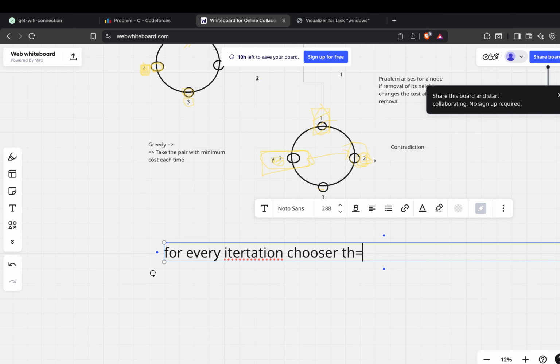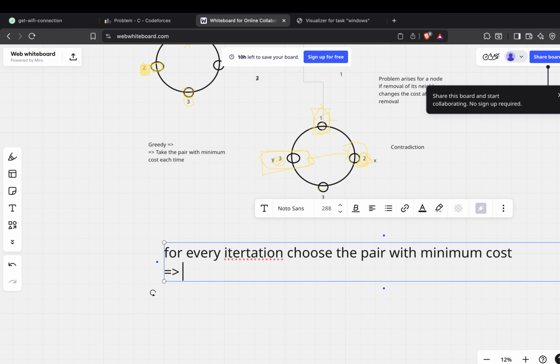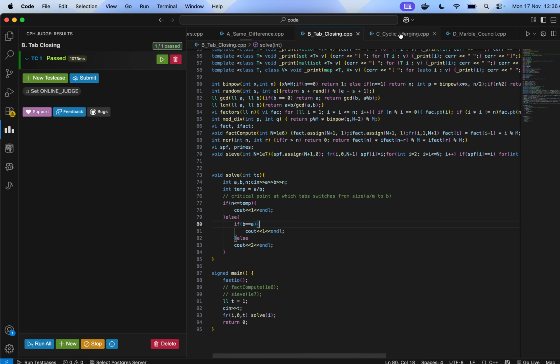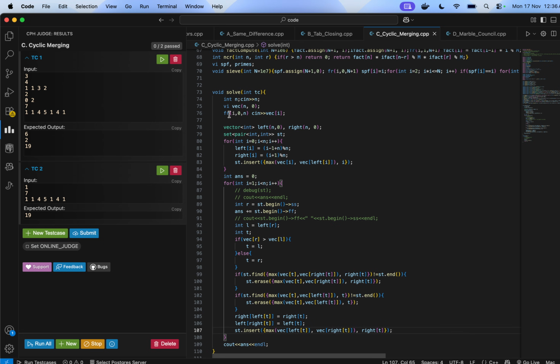Choose the pair with minimum cost, okay, and after each iteration, update the neighbors. So let's go to the implementation part.